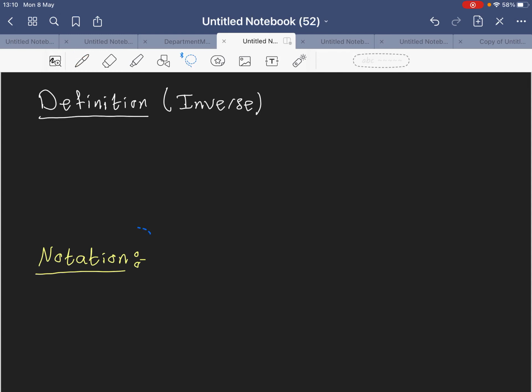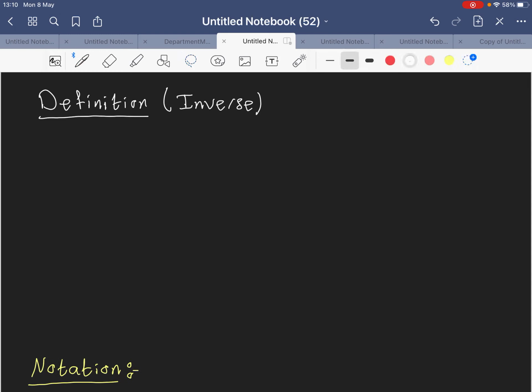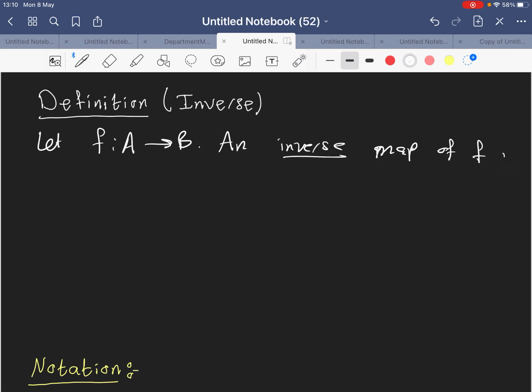So what is the inverse and what will we do with the inverse? For the inverse, I will start with a function, a map f from A to B, and an inverse map of f is a new function, a new map.